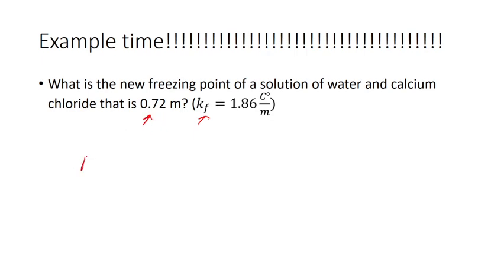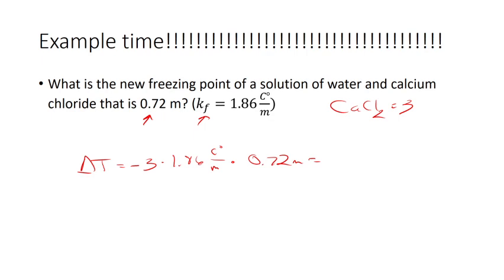So essentially, we have delta T equals i, which for calcium chloride we just said was 3, times our freezing point depression constant, 1.86 Celsius per molal, times our molality.